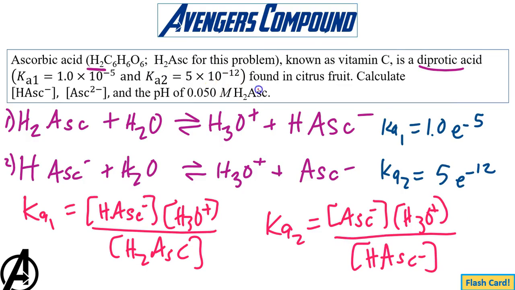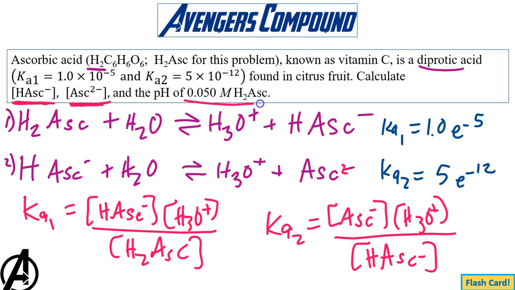So we have H2ASC, known as vitamin C, is a diprotic acid. They gave us our Ka values, and it's found in citrus fruit. They want us to calculate the equilibrium concentration of HASC minus and the equilibrium concentration of ASC2 minus, okay? And then they gave us the pH of 0.050 molar H2ASC.